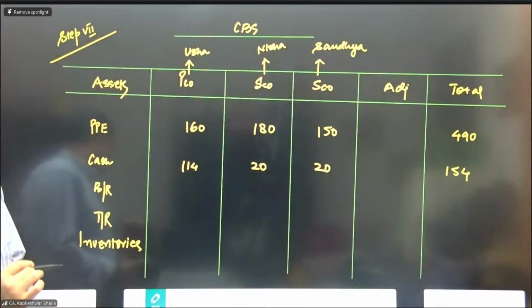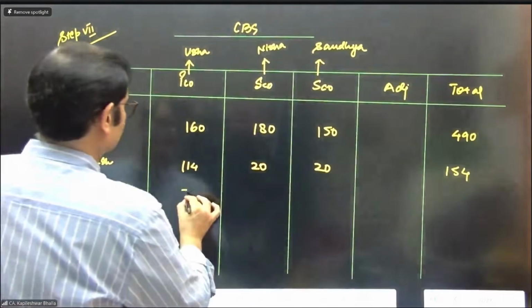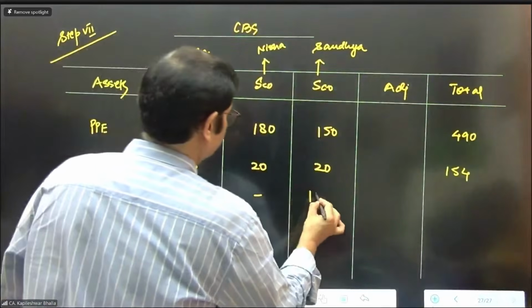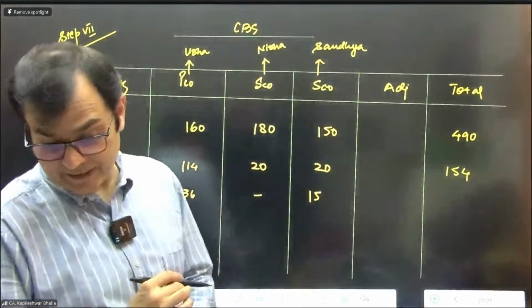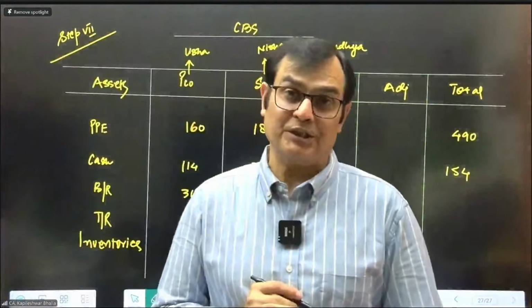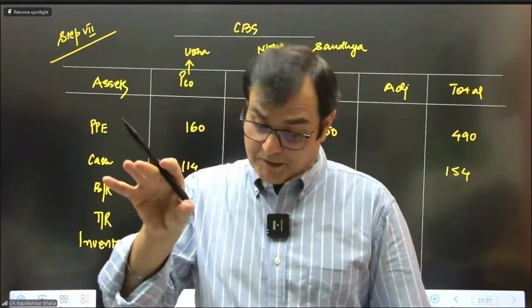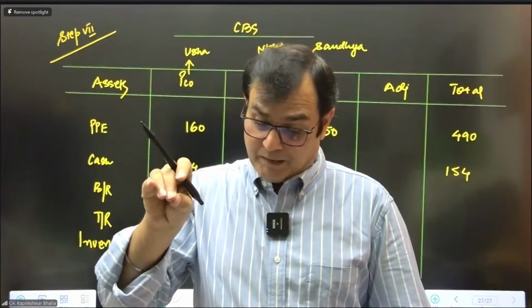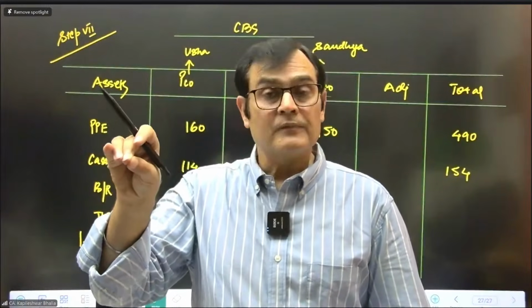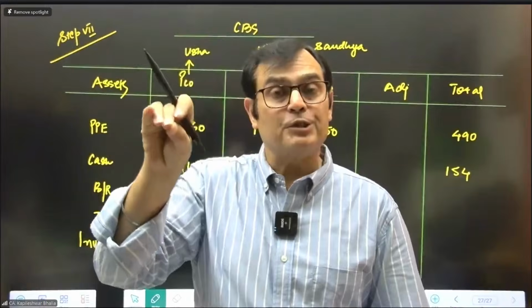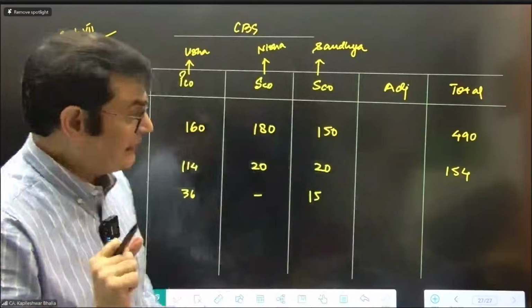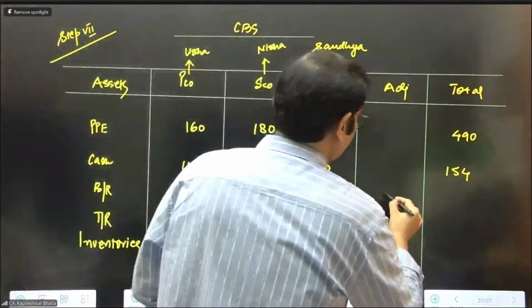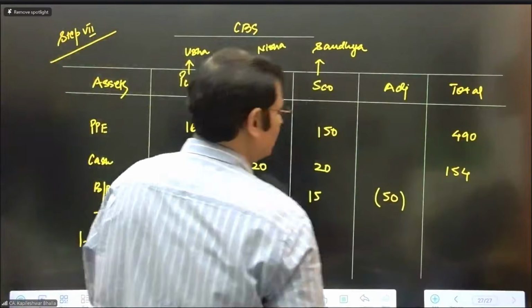But there is something interesting, which is given within the balance sheet, because if you look at the bills payable in the balance sheet, suddenly in the bills payable it says that there is a payable to Usha Sandhya. So from the bills payable elimination, from the bill receivable elimination, so 15 and 35, 50 is the elimination.